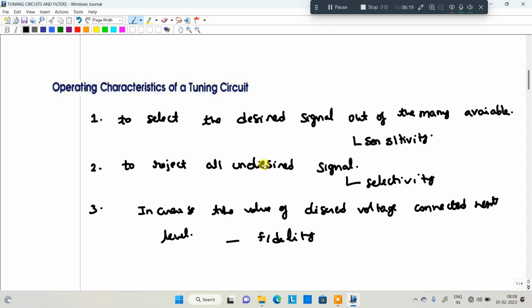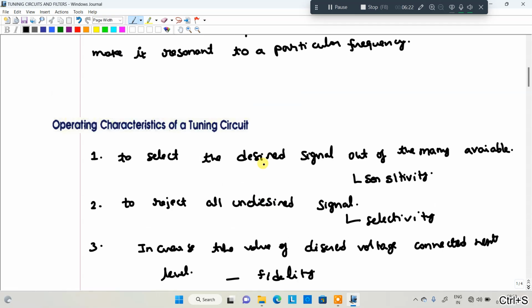They will ask a question like this: the following are characteristics of a tuning circuit: selectivity, sensitivity, fidelity, all of the above. Which option is correct? All of the above. Fidelity is there, selectivity is there, sensitivity is there.